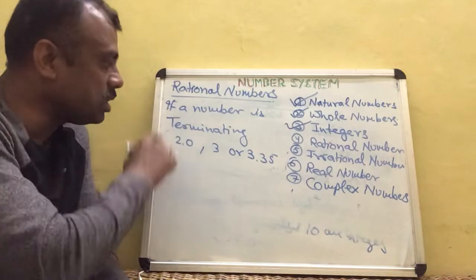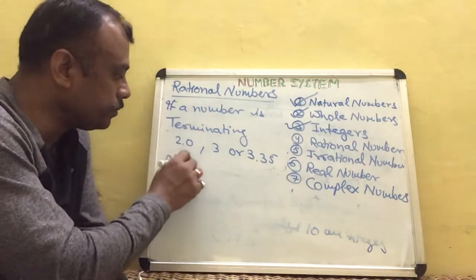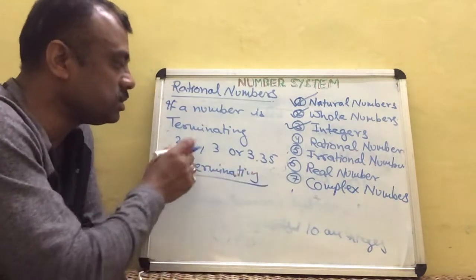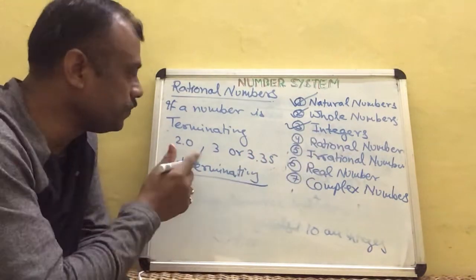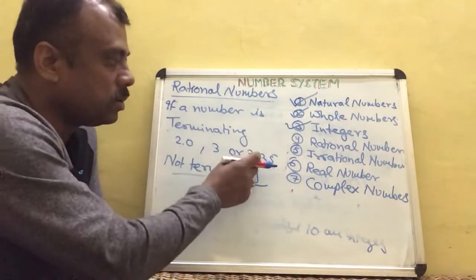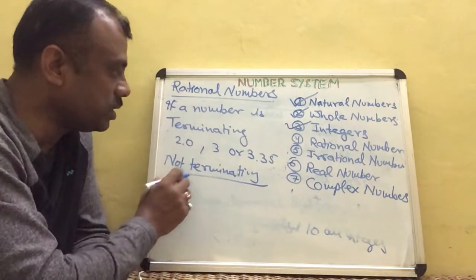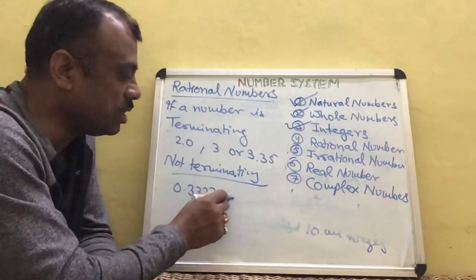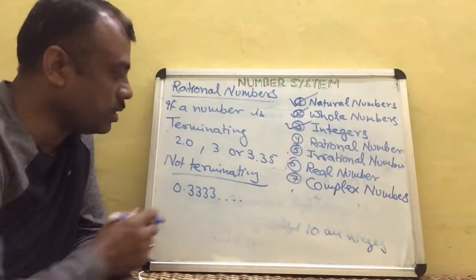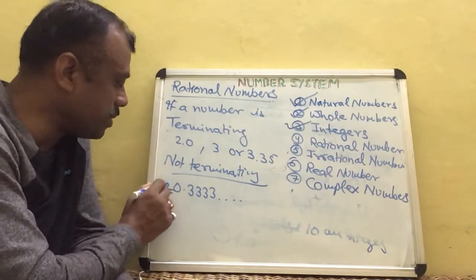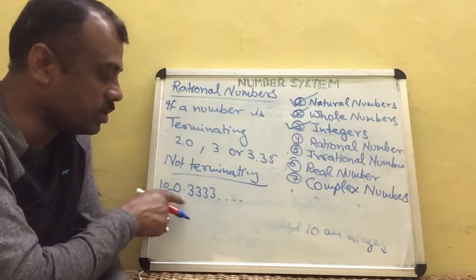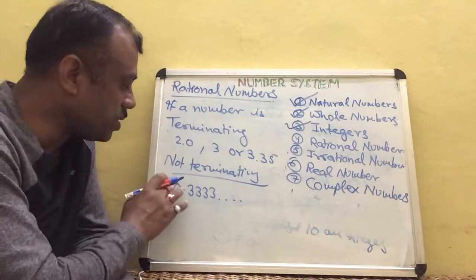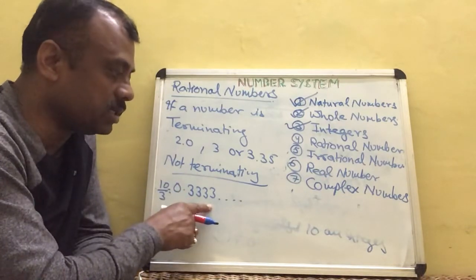But if not terminating, it means the number does not end after the decimal, for example 0.333, it comes when we calculate 10 by 3, 0.333 and so on. So this is the non-terminating case.